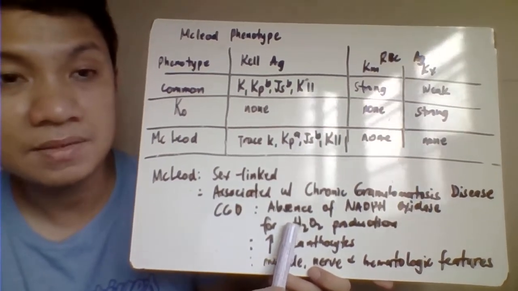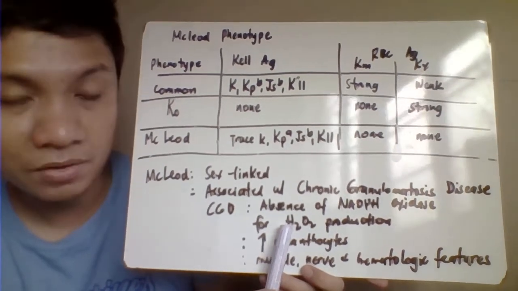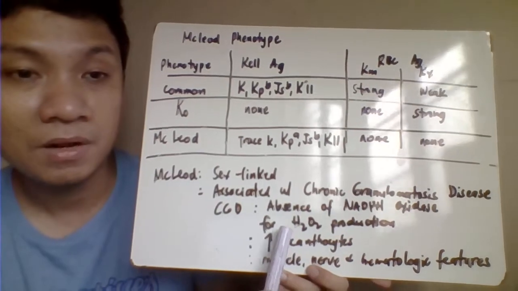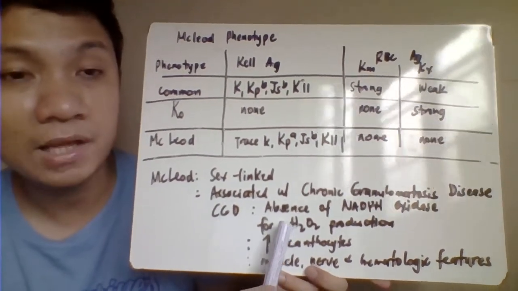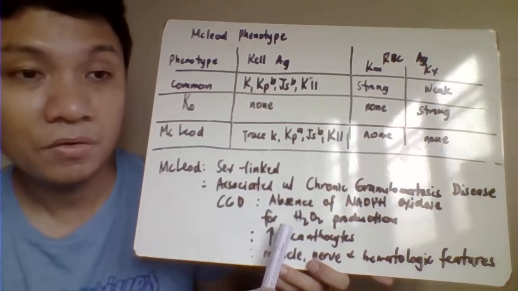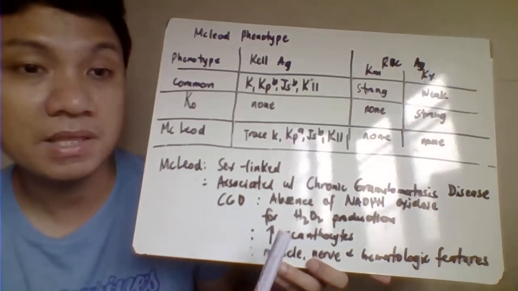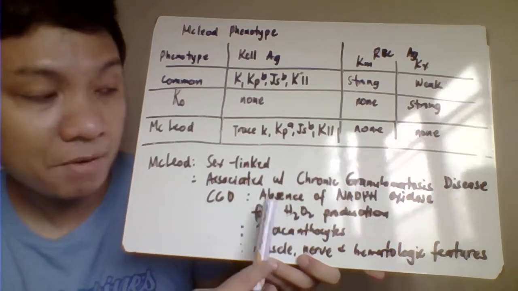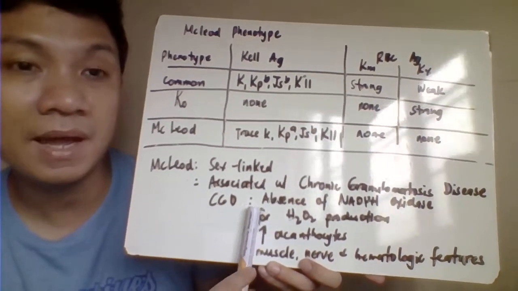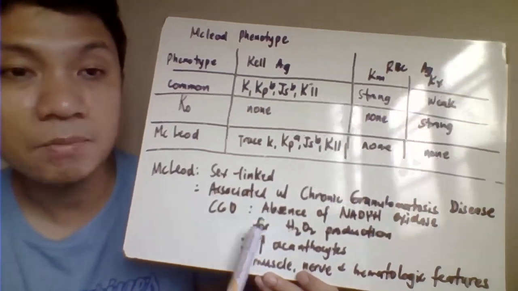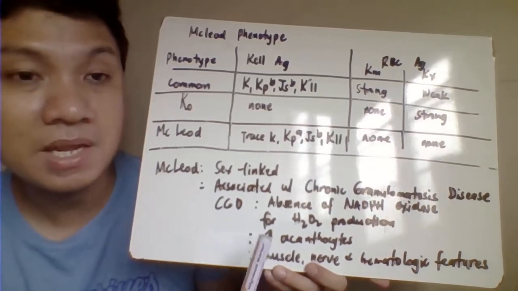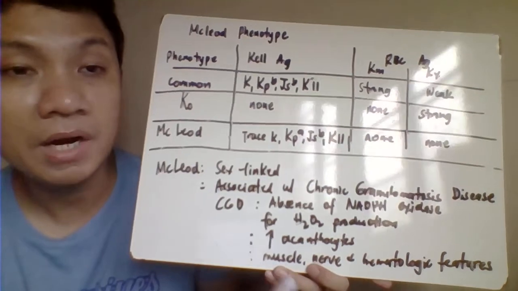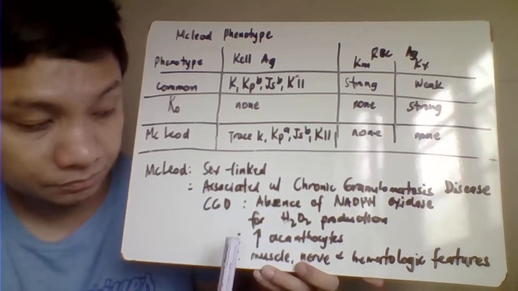Hydrogen peroxide is a superoxide radical which is toxic to bacteria, and it is responsible for the respiratory burst that kills the bacteria. Without this enzyme, the phagocyte will be able to ingest those bacteria but cannot kill them, and the patient would have a recurrent bacterial infection.